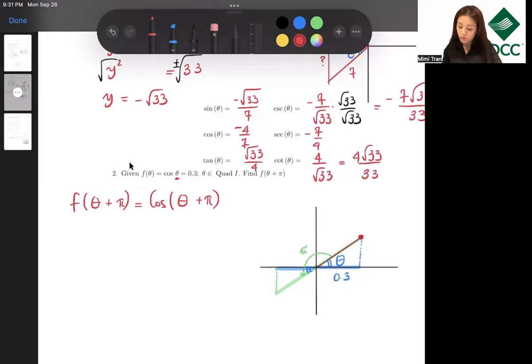You go over to this side in the third quadrant. But if you project the length, it is the same length. It just carries a different sign, right? Because it's on the left of 0. So that means it is equal to negative 0.3. So this bit right here is negative 0.3 mathematically.